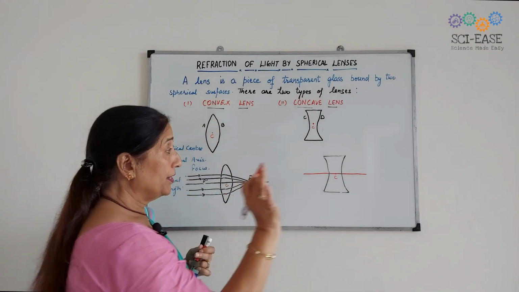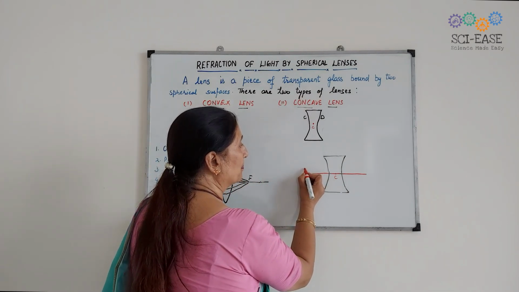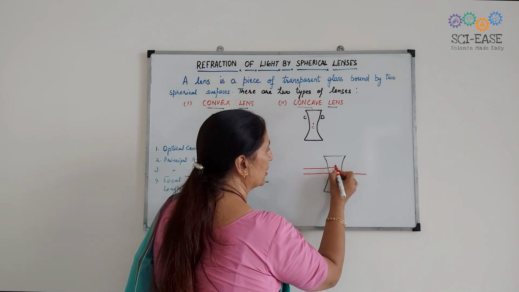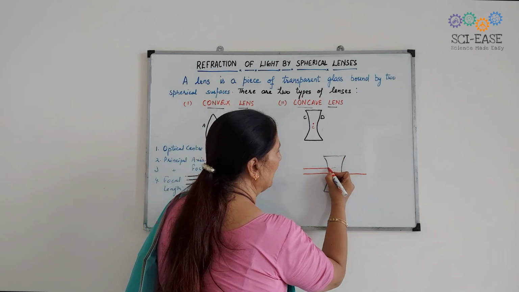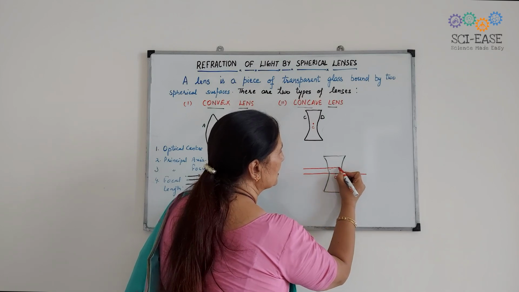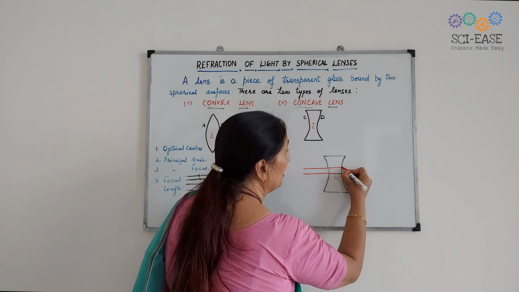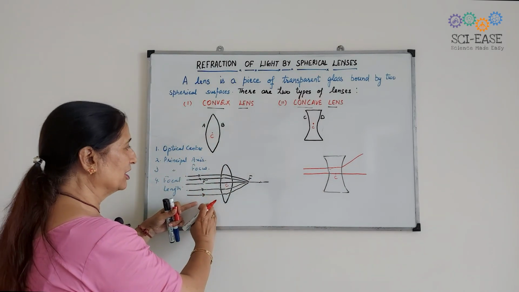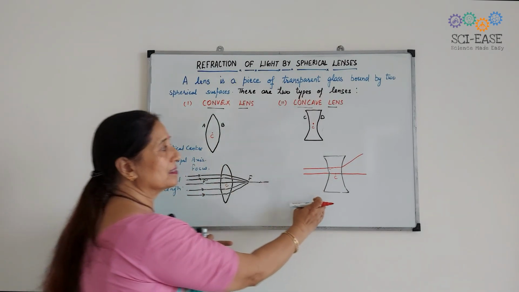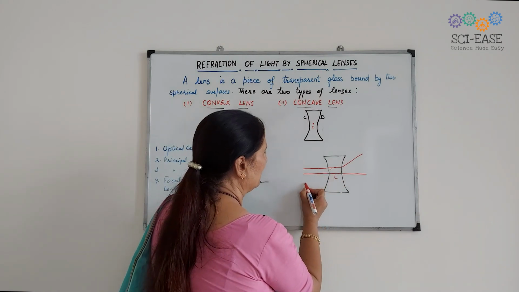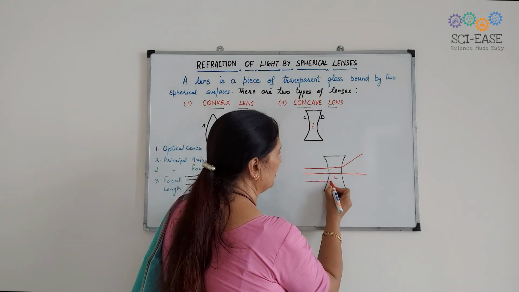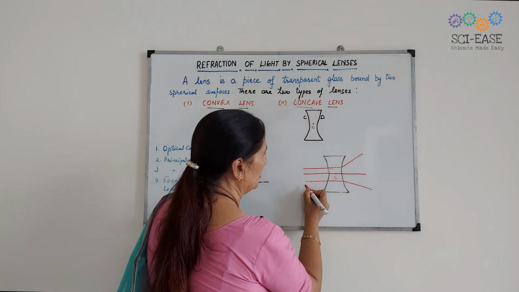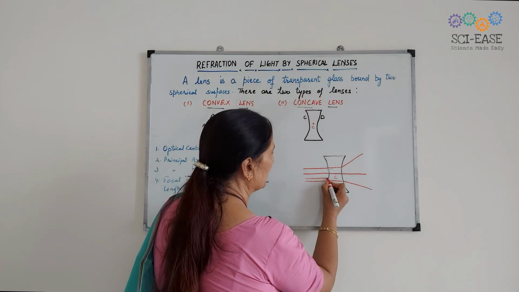Now the rays parallel to the principal axis will fall on the lens and they will diverge. This is the converging lens and this is the diverging lens. So same here, it will diverge. You can draw more rays.